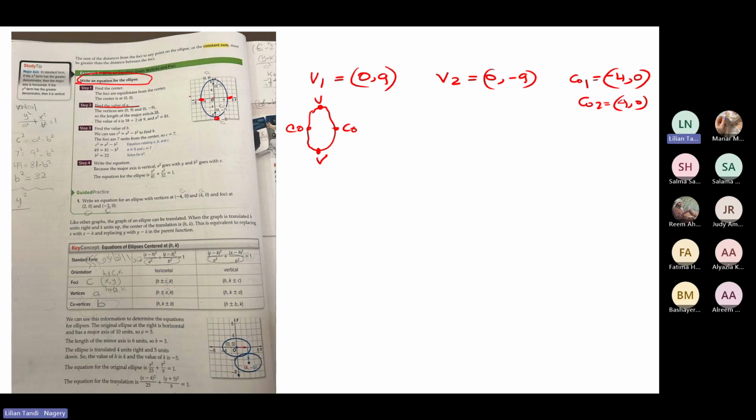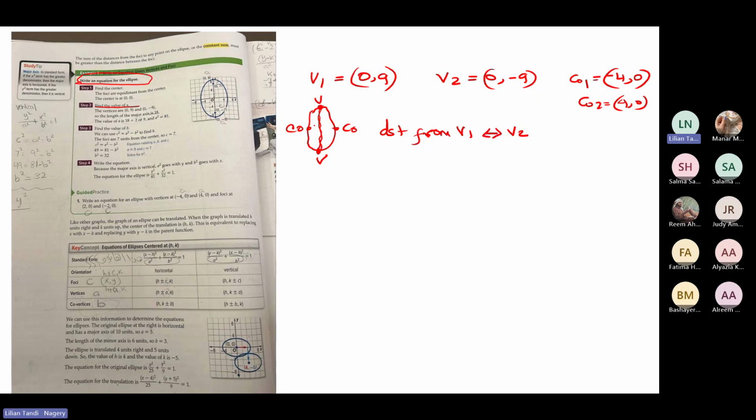Now we want to find the length of the major axis. The length of the major axis is the distance from here to here. Is that clear? So the distance from V1 to V2, I don't need to calculate.